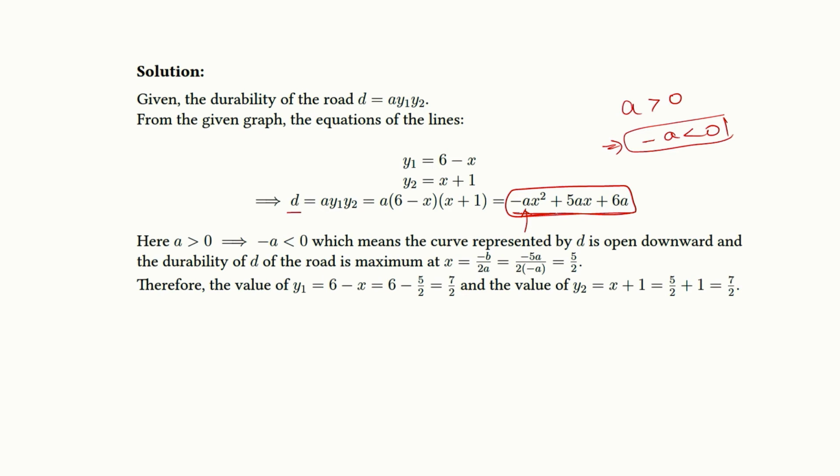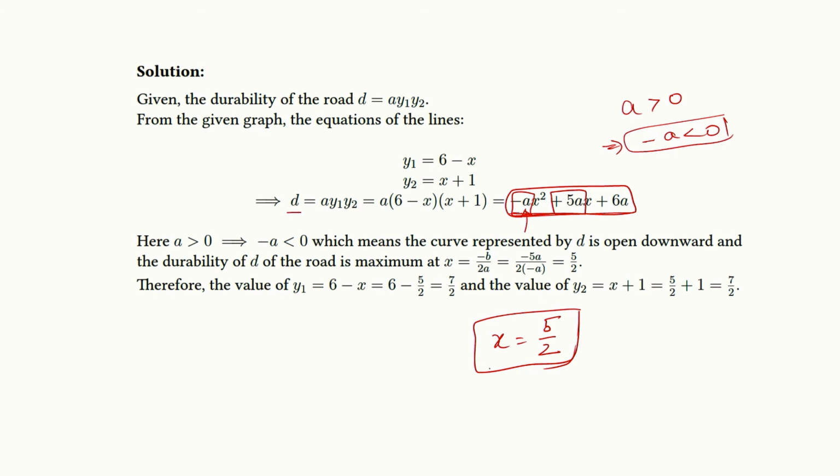So here we have b value 5a and a value minus a. If we substitute that, we will get the durability of D of the road is maximum at x is equal to 5 by 2. So we got the value of x.